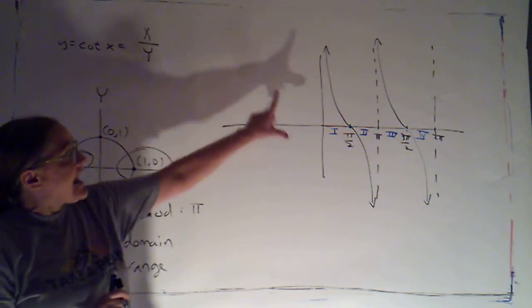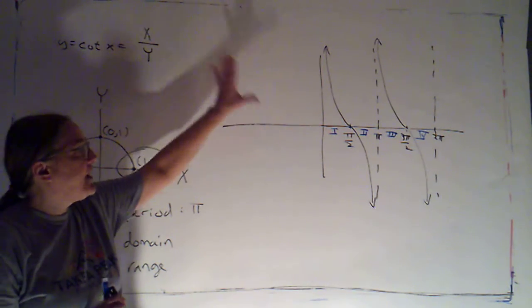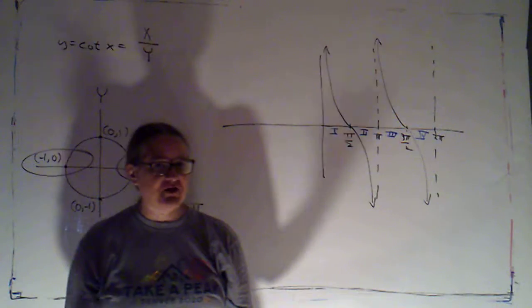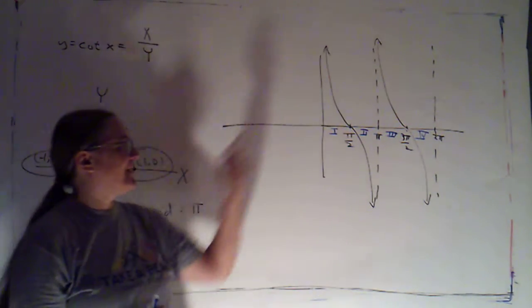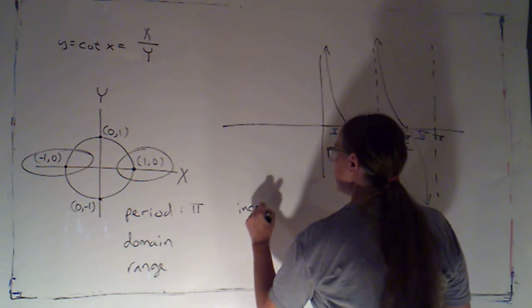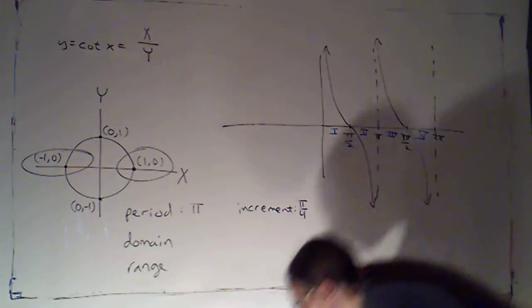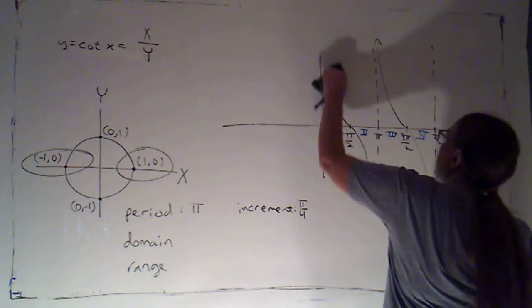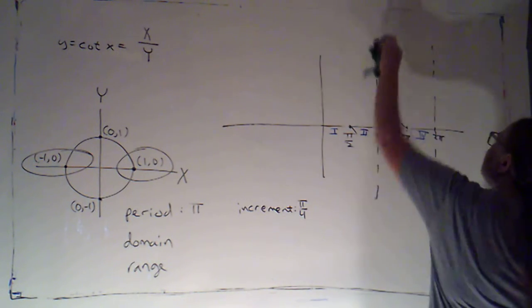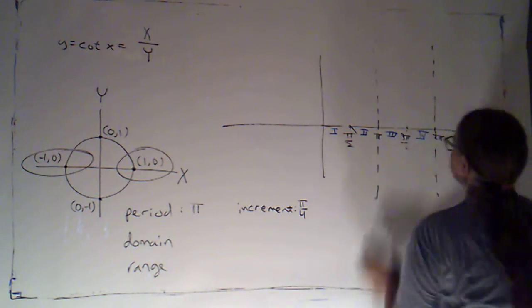Okay, as with tangent, this is very rough. Sometimes that's good enough, but if I'm actually testing you on graphing, I want things a little bit more precise. So I would say the increment, again, is pi over 4, and I would mark off some additional points so that I get the steepness with a little greater accuracy.